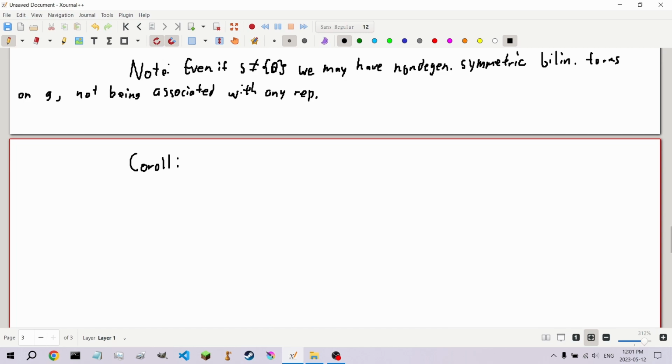So, corollary. We're going to let G and G prime be Lie algebras.